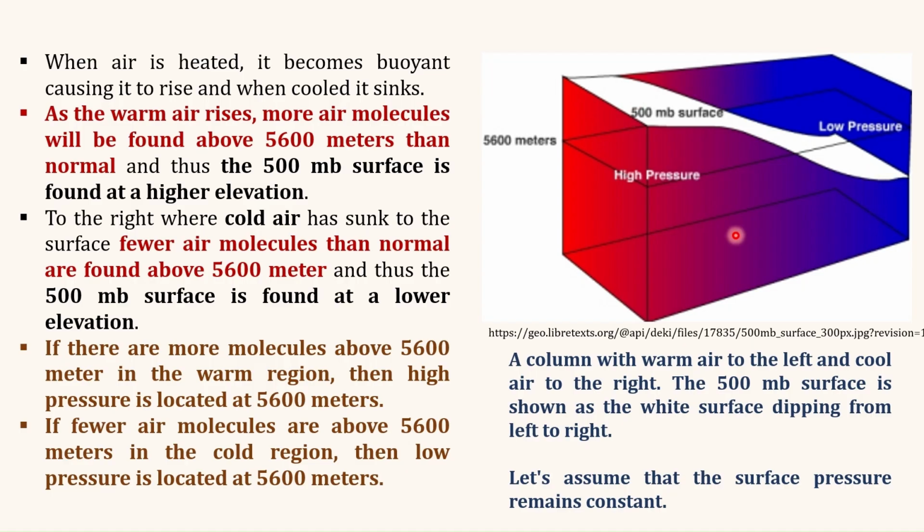Now, if we consider the altitude of 5600 meters in the atmosphere, where we have the warm air, more molecules are present above this altitude. So here, this particular altitude is at high pressure. But in the colder region, fewer air molecules are present above the altitude of 5600 meters. Thus, in this region, this particular altitude has low pressure.